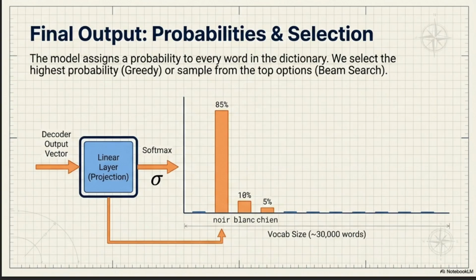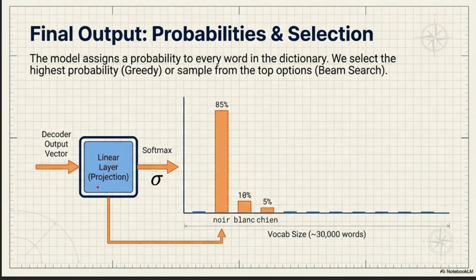So how is the final word chosen? The decoder outputs a vector of numbers. We pass this through the linear layer to expand it into the size of the entire vocabulary, for example 30,000 words.